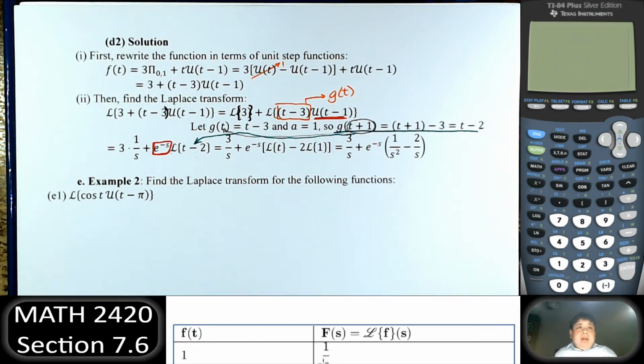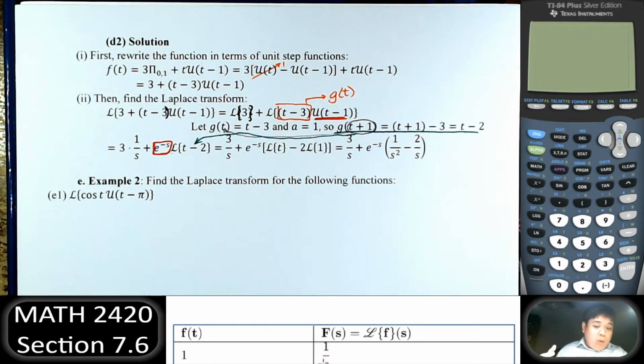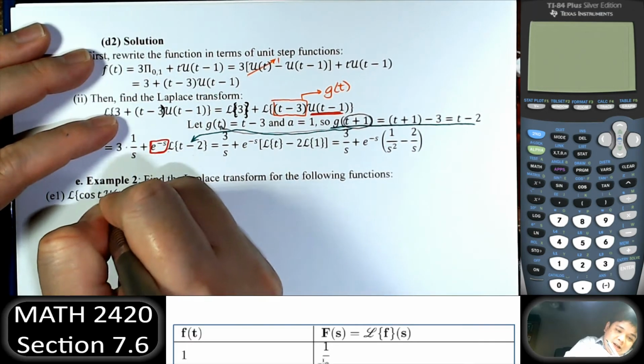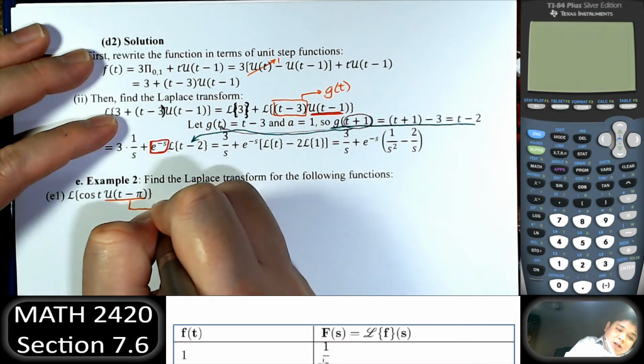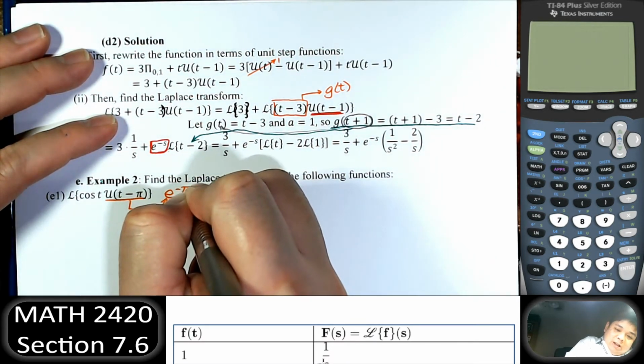So first thing, when we see the Laplace transform of something like this that has the unit step function, the first thing we do is that this we turn into e to the negative pi s.